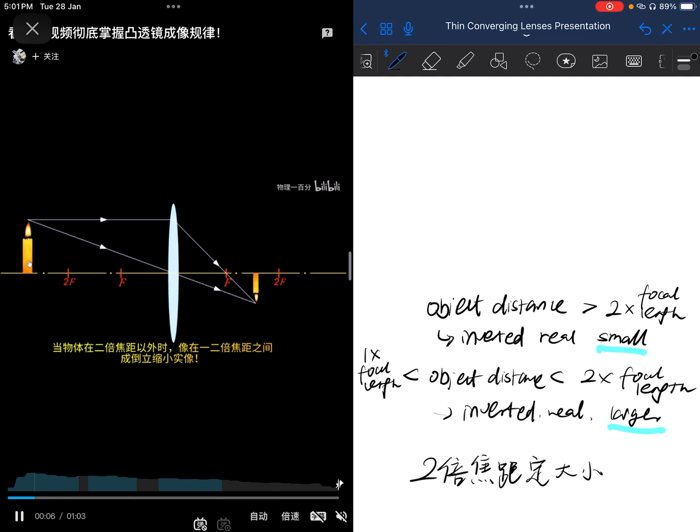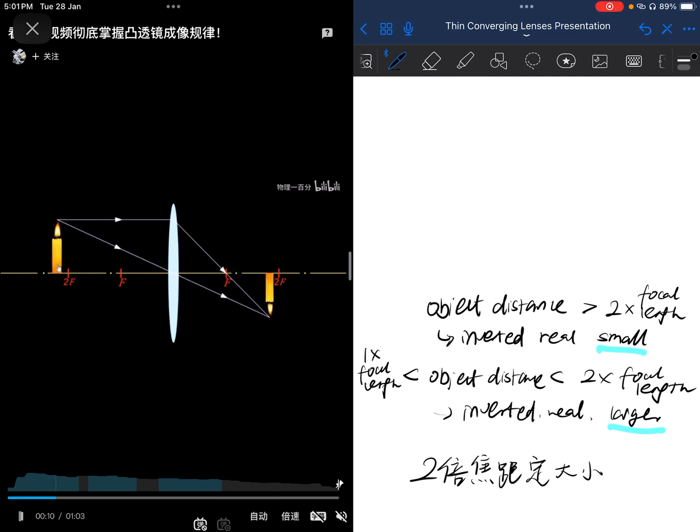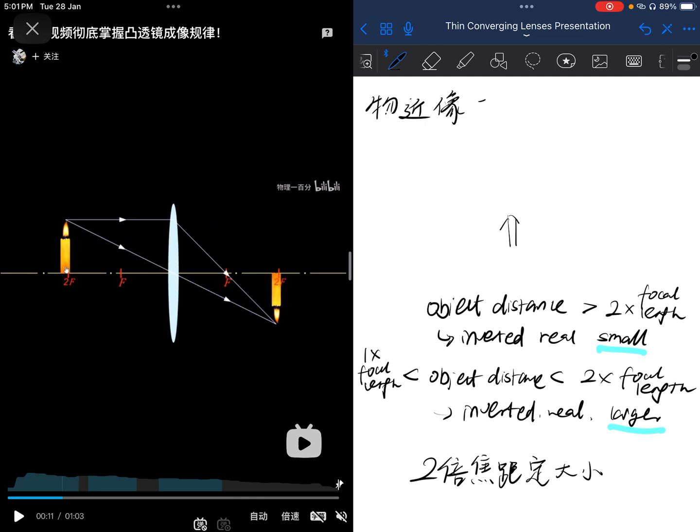When the object is moved closer and closer, the image is moved further and further from the lens, and the image is becoming larger and larger. So in Chinese, we talk about this 物近向远向变大.